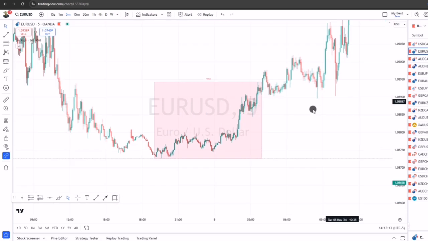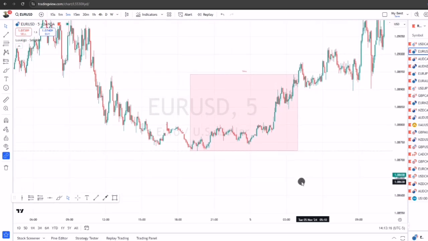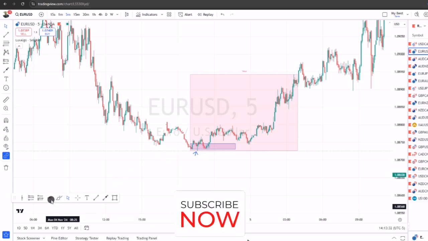So this is the day before yesterday. All you do is you mark the first candle together with its wicks. Right here you can see that price started by closing below, but it was just a wick. You want to see a full candle.